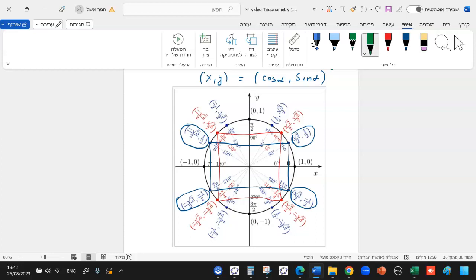And the third group is of 60 degrees and 120 degrees, 240, and minus 60. They too have the same sine and cosine except for the direction. They are all 1/2 and root 3 over 2, except for plus and minus.